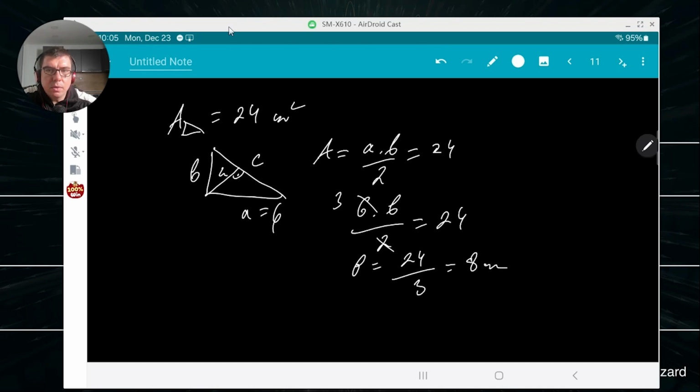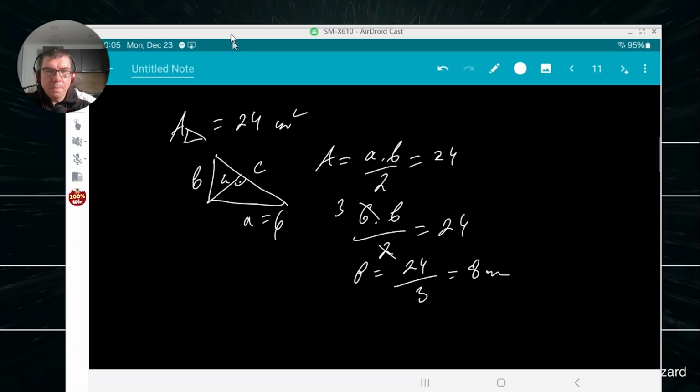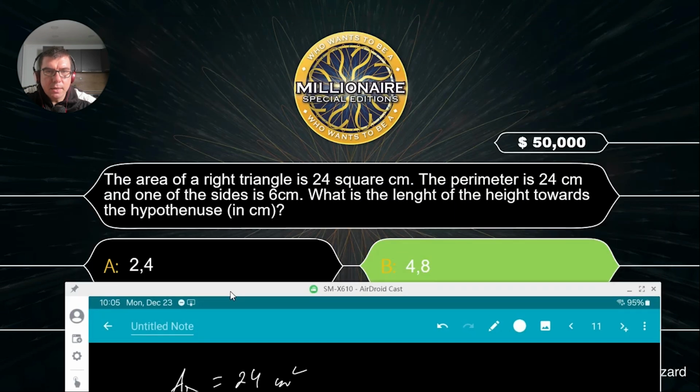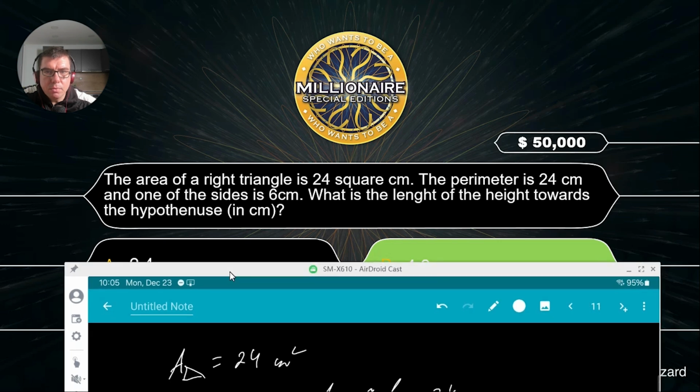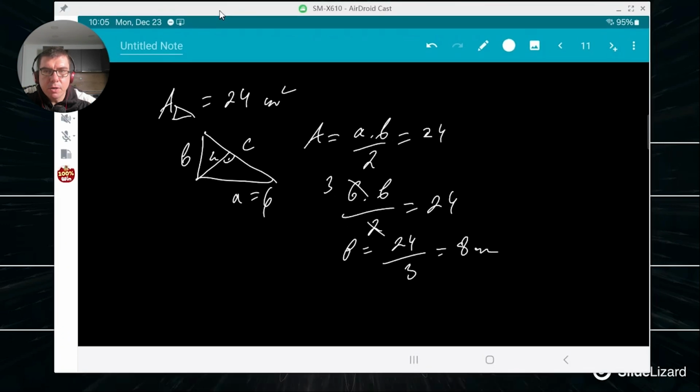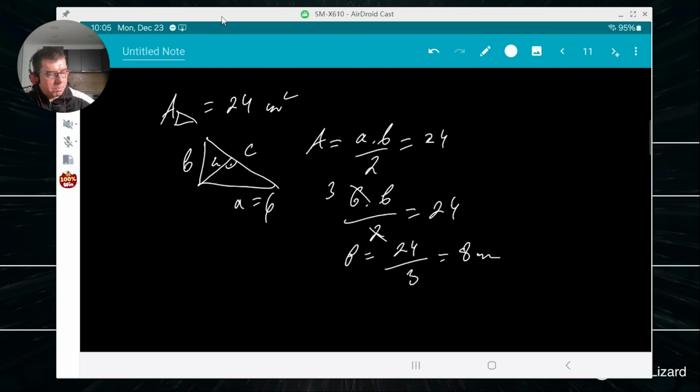So after I know the other side, I can find the hypotenuse with the help of the Pythagorean theorem. What is the Pythagorean theorem?